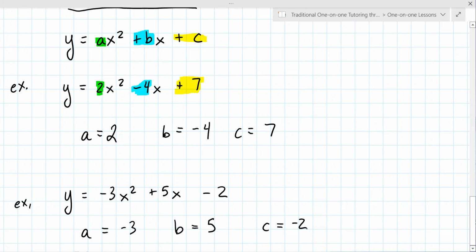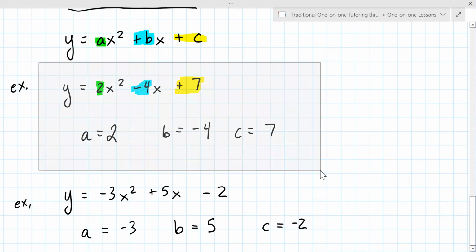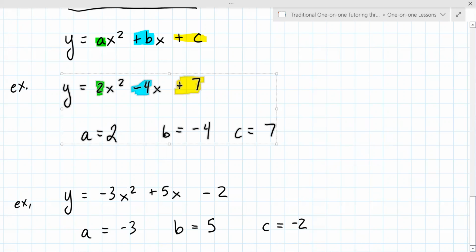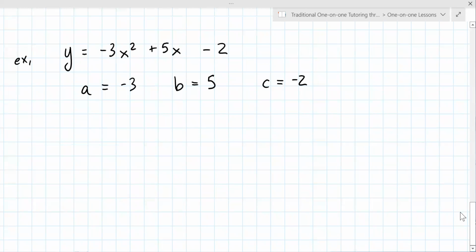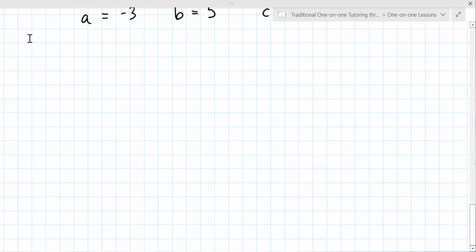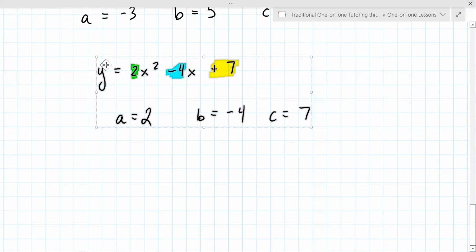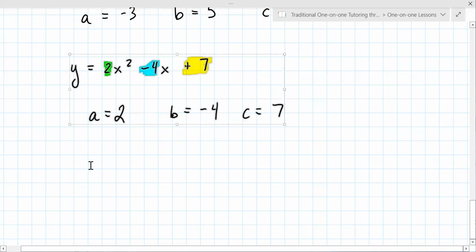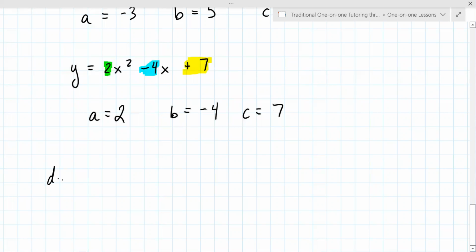I've done this in class before. Great, that's good to hear. Okay, so we're going to go back to this previous problem, and we're going to do a bit more work on it now that you fully understand that, because there's always more to do when it comes to quadratics. So we're going to determine the vertex.